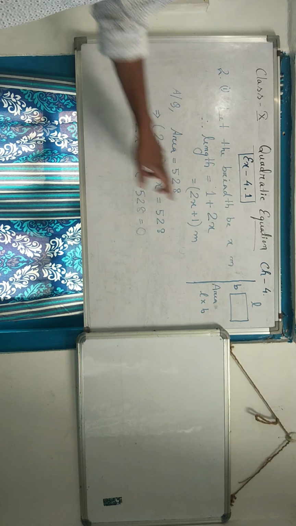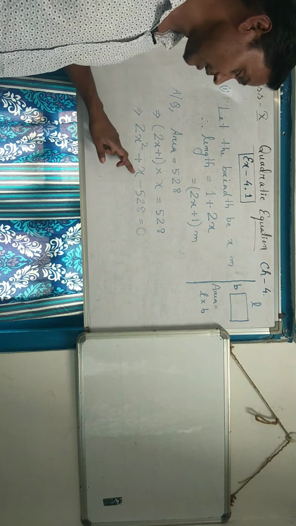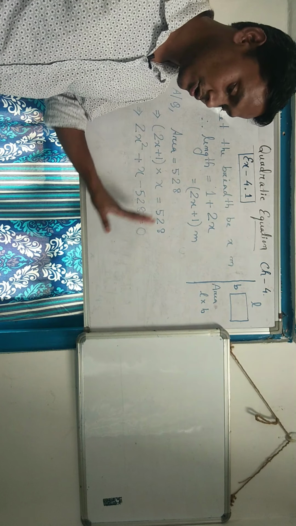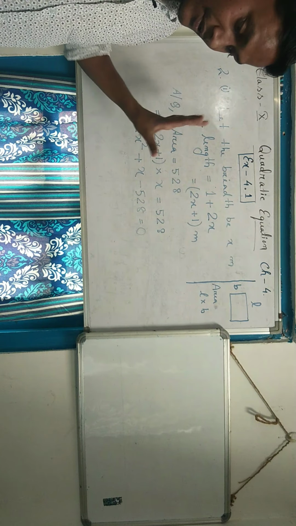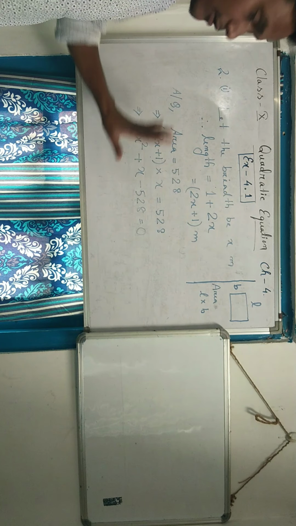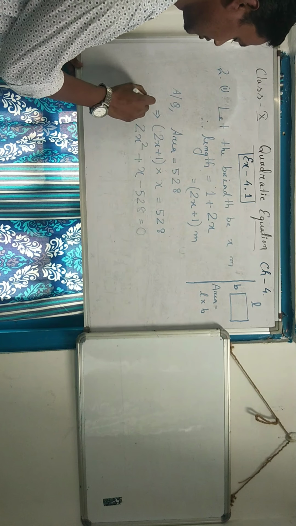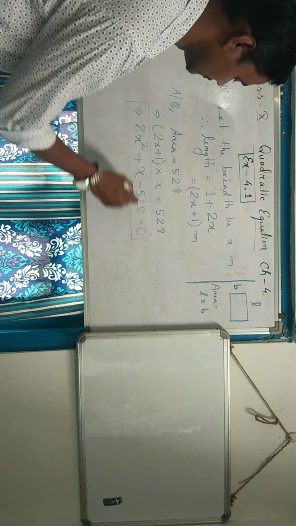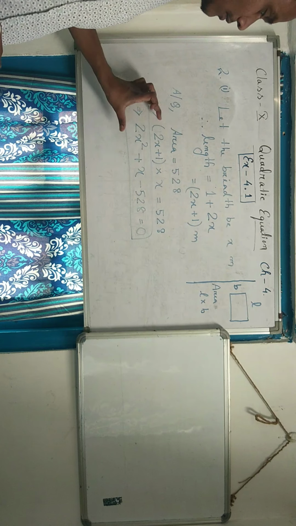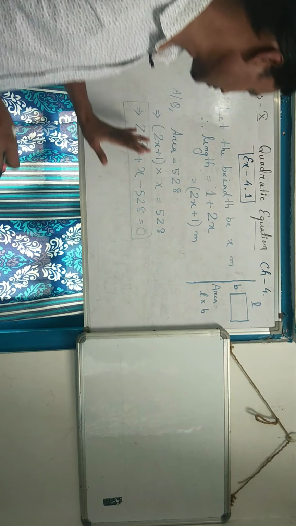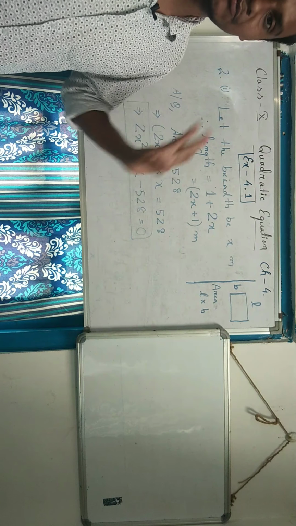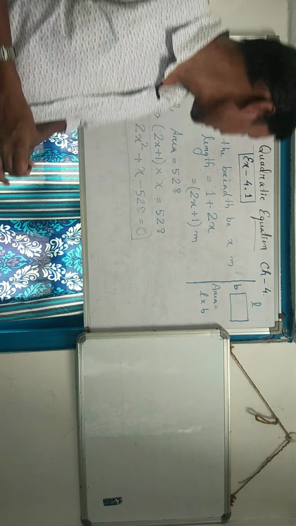You can clearly see it is in the form of ax square plus bx plus c is equal to 0. So this is the quadratic equation.